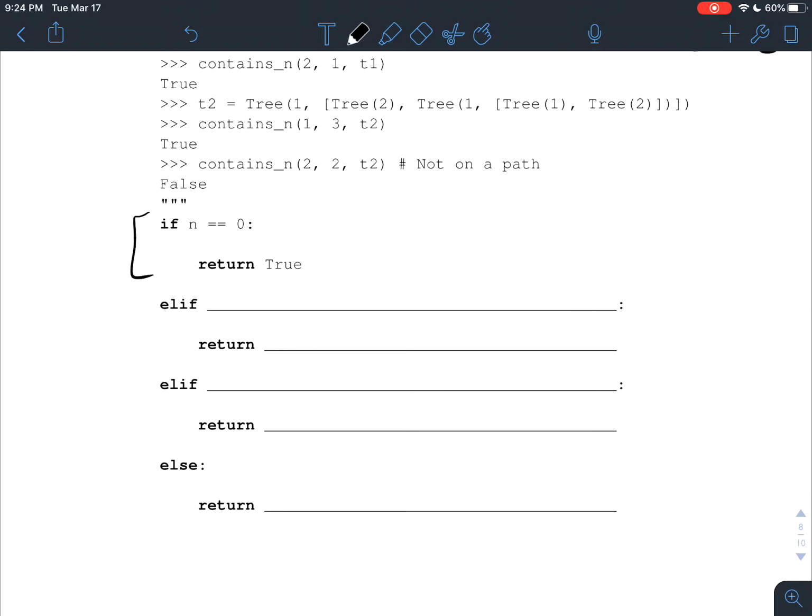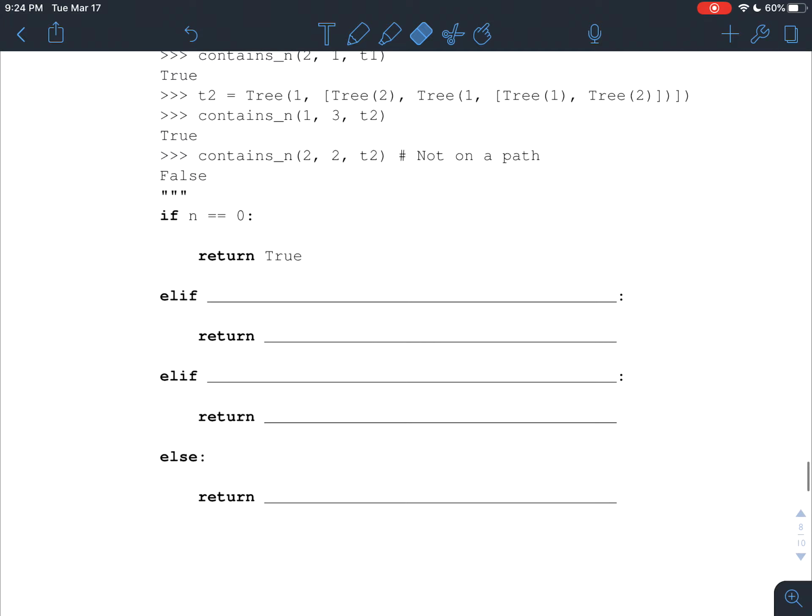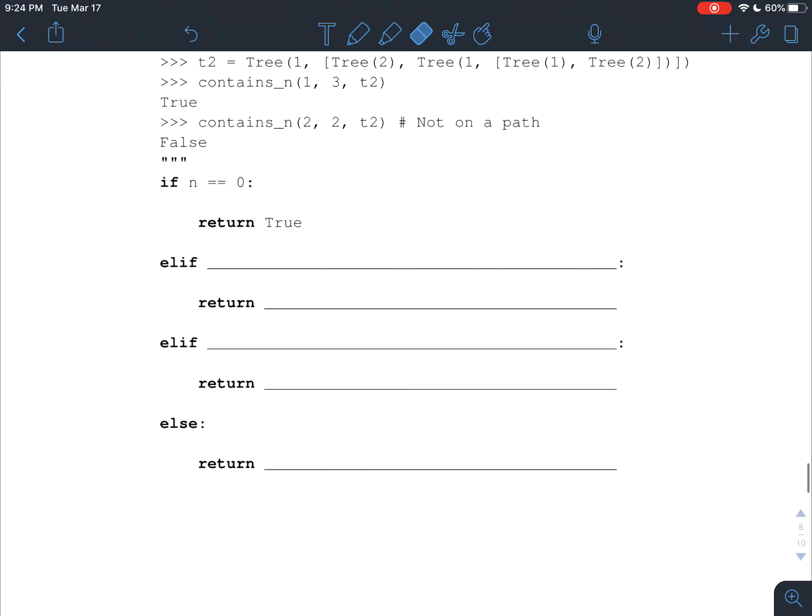Notice here that they provide one of the base cases where they say, oh, well, n is 0, and that's trivially true. So let's deal with our recursive cases where we are recursing through our tree and we need to evaluate whether something works.